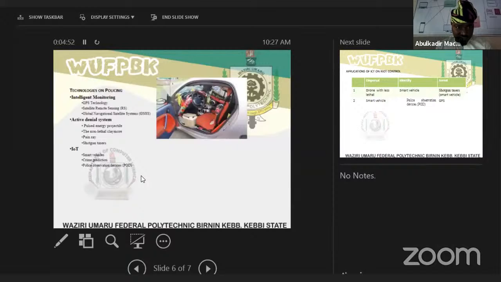Technology in policing. There is some ICT technology adopted by police or security agencies. We have intelligent monitoring systems. Most developed countries go by global positioning system technology, whereby wherever a crowd or group of people is located, they can easily be traced and those acts will be captured.